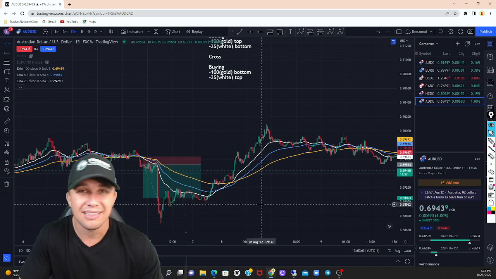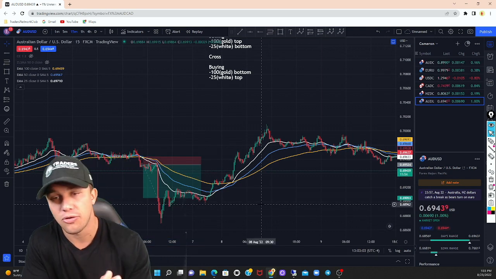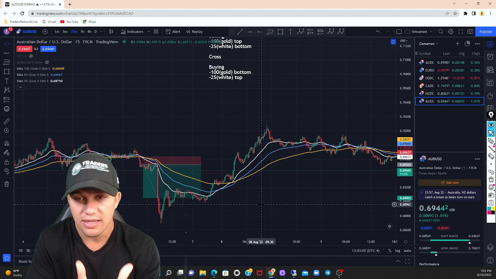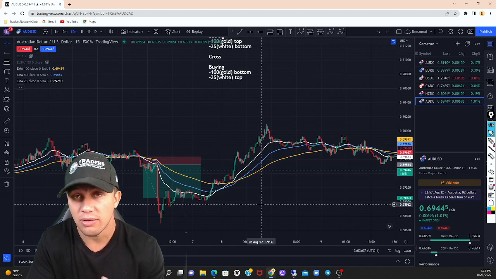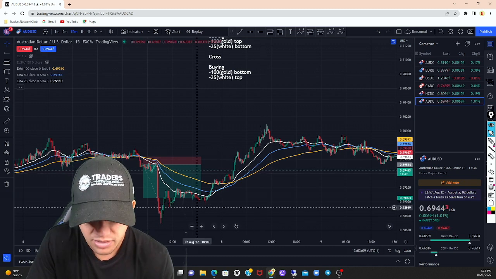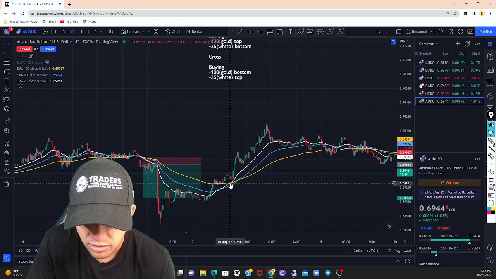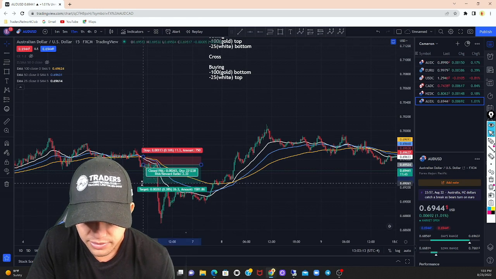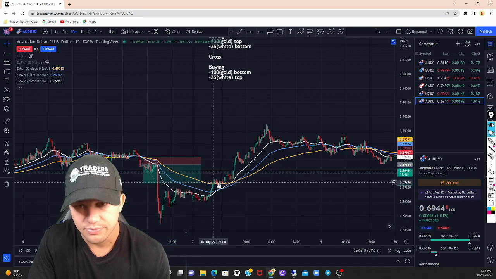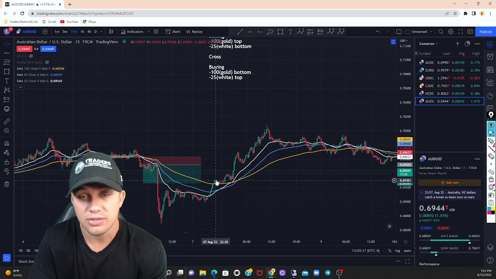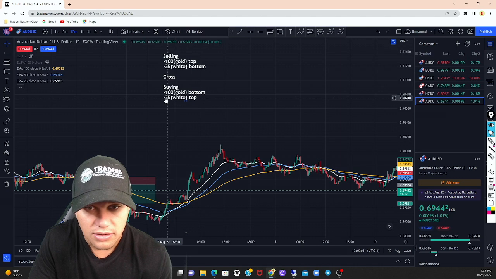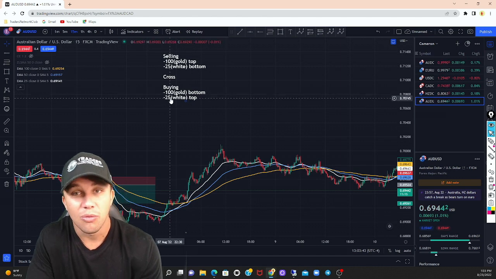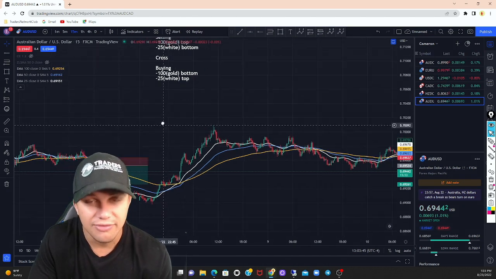Now the exit strategy is looking for the reversal when the 100 and the 25 EMA cross again. You can see they cross right here. So that would have been our exit right there, with a 2.3 risk to reward ratio. With price above, we've got the gold at the bottom and the white at the top, so we're looking for a buy.